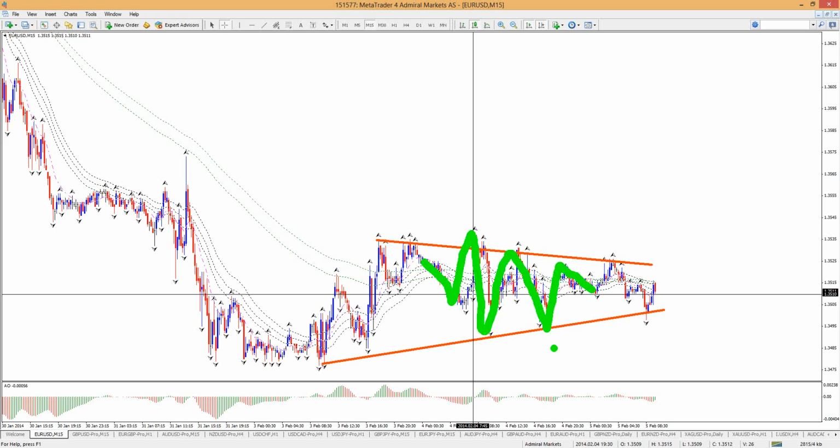So if you're a scalper, you could probably have taken some pips up and down. If you're an intraday trader, it's already more difficult. If you're an intra-week trader, this is definitely not interesting for you, right? Because it's just chop. And you're waiting for this chop to finish, and you're trying to get a swing trade here or intra-week or intraday trade to the downside.